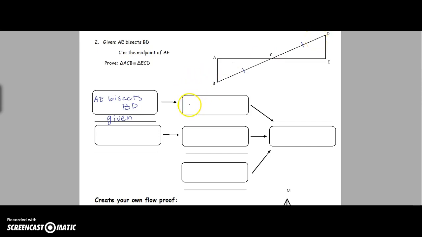So we would say BC is congruent to DC. And the reason is because bisect means divide into two congruent parts or segments. This is going to help tell you why these triangles are congruent.